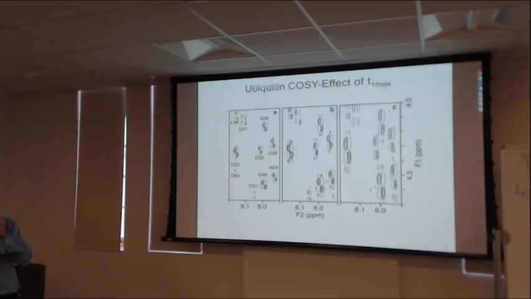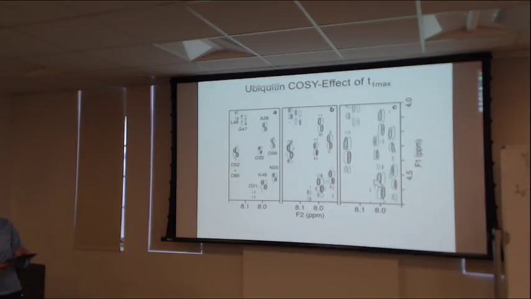Here is an example of the fact that we have to increment T1 to a large enough value that the evolution of the sine term has become large. Sine pi J T1 has to become non-zero for us to have any signal. So here is the spectrum where the maximum value of T1 was relatively small.